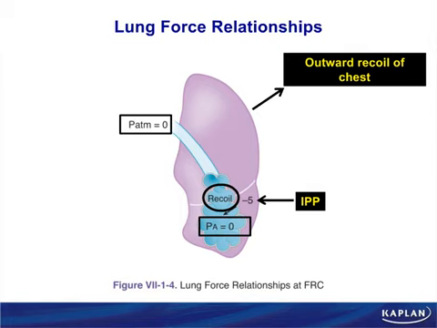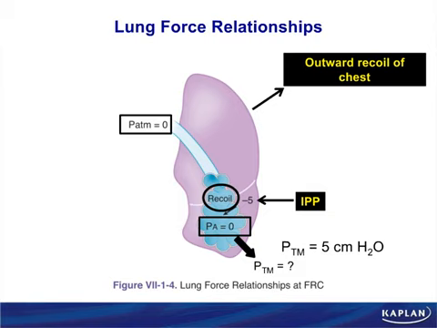Now, in order to get air to move, we have to have a pressure gradient. At FRC, alveolar pressure equals atmospheric pressure. They're the same. So no air is flowing. They're both 0. So I have a 0 alveolar pressure and a -5 interpleural pressure. What's the transmural pressure gradient? If you said 5, excellent. 0 minus -5 is 5.